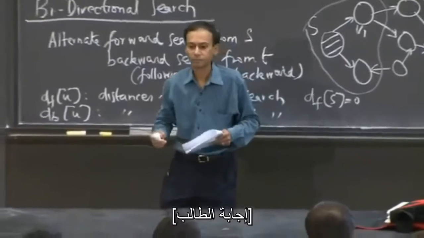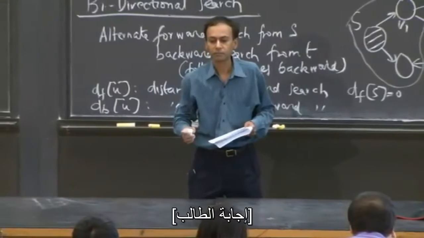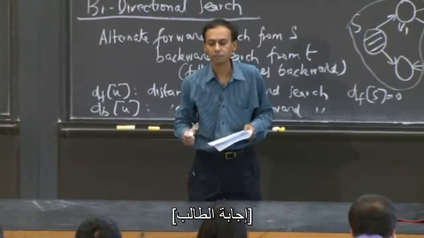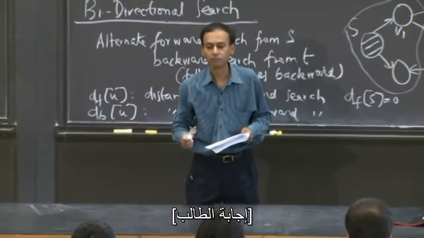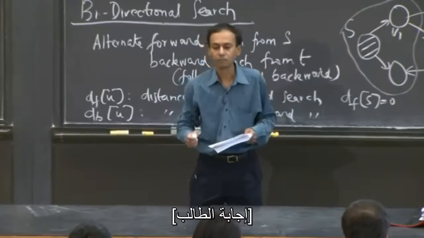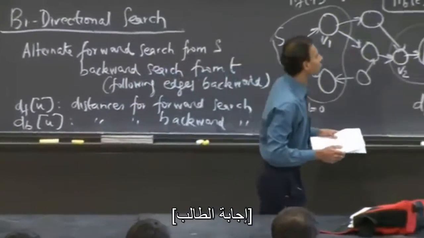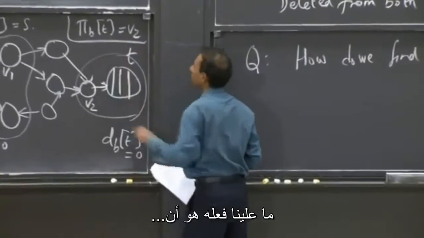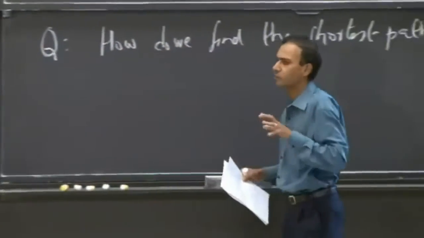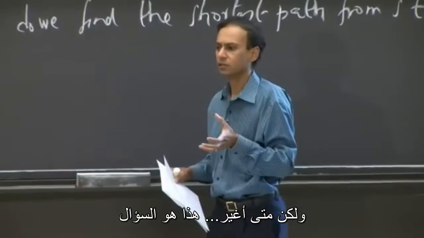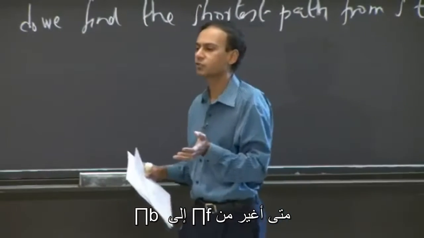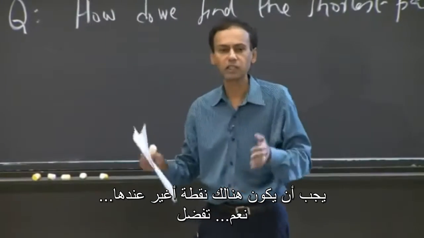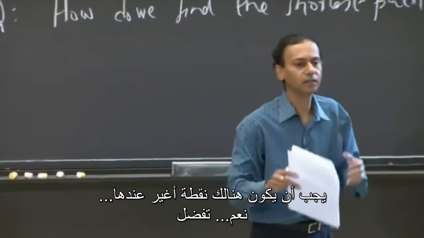Well, given that data structure, you start at your T and you keep on going back to your current until you get to the point where they meet, and then you use the pi f to go from that node all the way back to S. So what I'm going to have to do is, but where do I switch is the question. Where do I switch from pi f to pi b? There has to be some point where I switch from, yeah, go ahead.